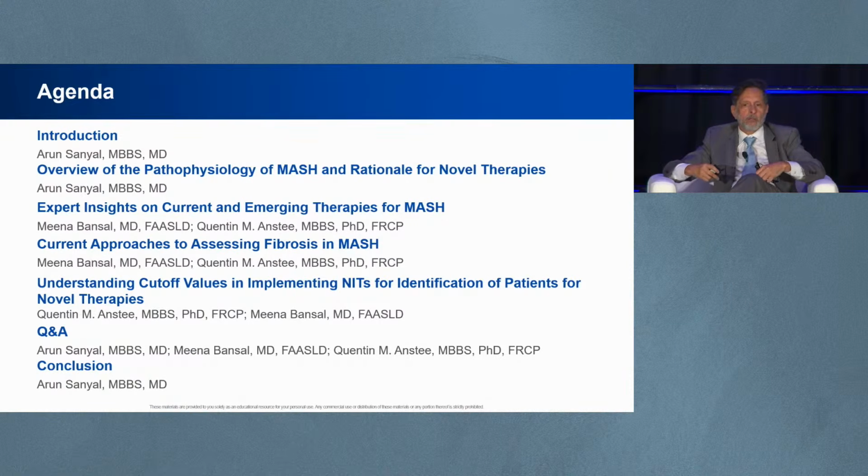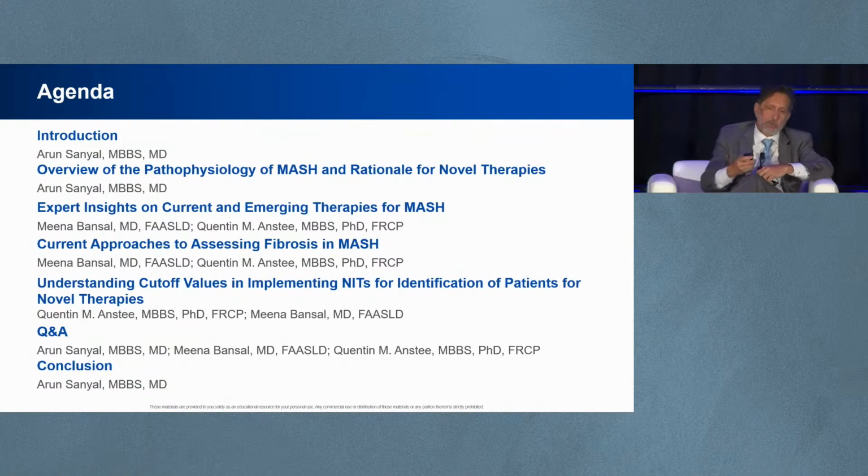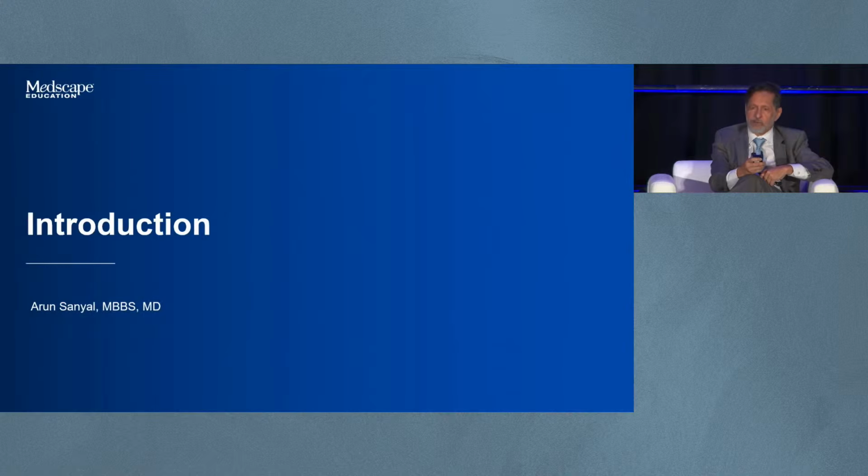Talk a little bit about the emerging therapies, but then dive into how do we assess who should be picked to treat with drugs and how do we follow them, and really get into details of how we use these non-invasive tests in the clinic to manage our patients with MASLD MASH. And then we'll wrap up after questions. So let's get started now.